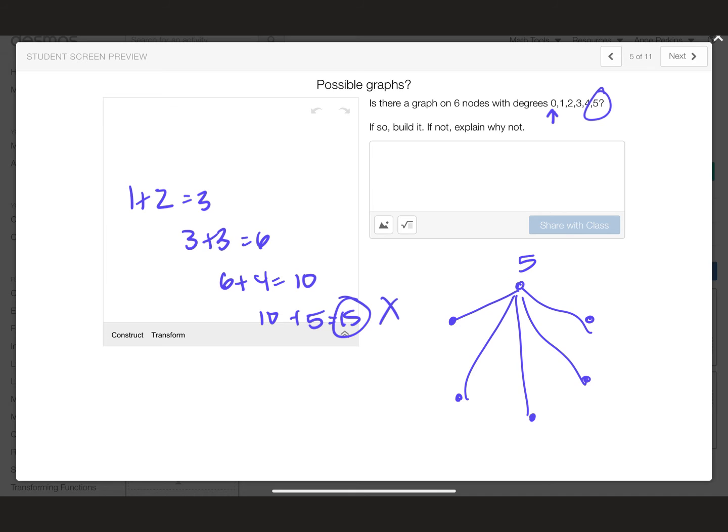I thought that was kind of clever, but then somebody who's thinking more, it's not about who's smarter or less smart, it's just the ideas that we've had, brought up that this person could have like 2, 3, 4, 5, leaving open the possibility of zeros. But the odd degree sum makes this not possible. So is this one possible? Nope, sure not.